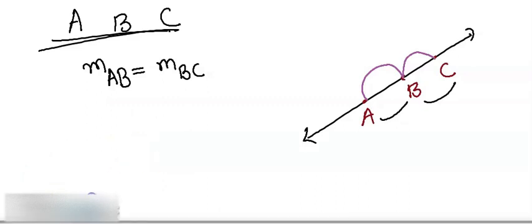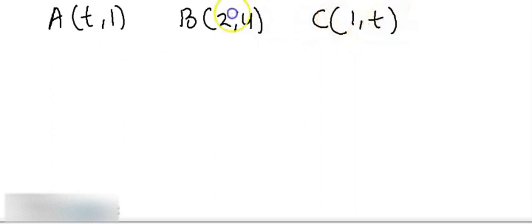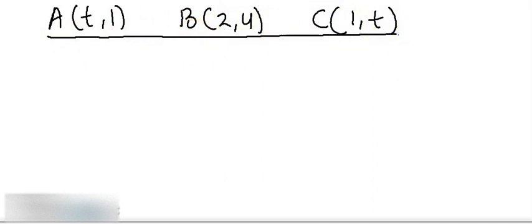On this concept, we have a question, and the question says that we have 3 points: A, which is t comma 1, B, which is 2 comma 4, and C, which is 1 comma t, and it is asking to find the value of t such that these 3 points become collinear.